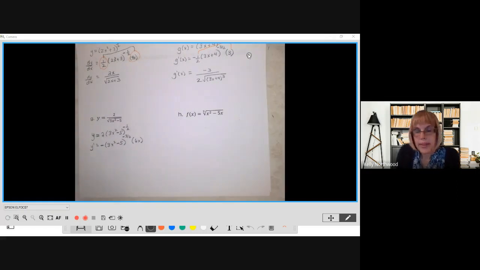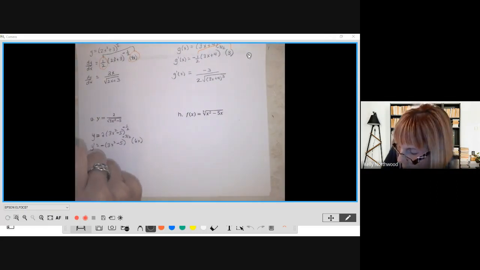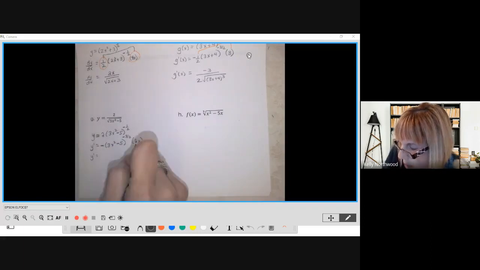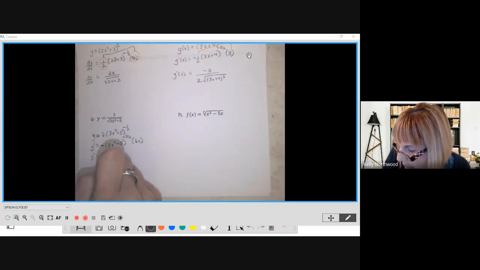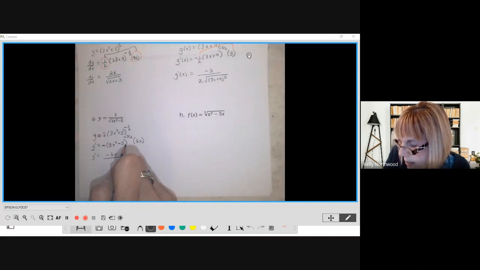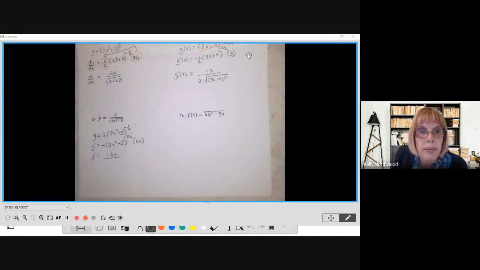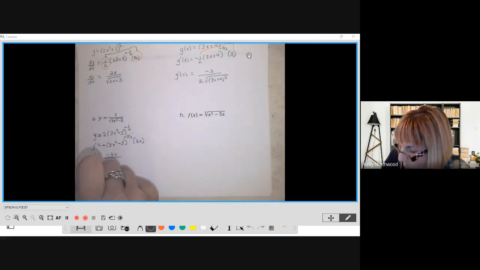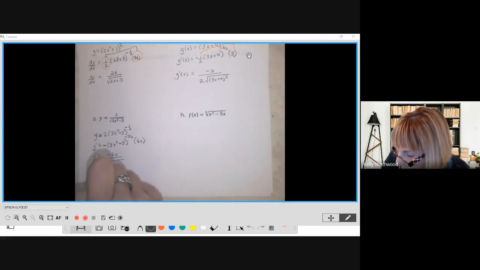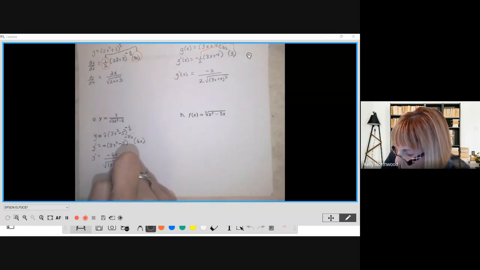And then if you want to write that in simplified form, negative 1 times 6x is negative 6x. This is going to move to the denominator, so we can have a positive exponent and write it in radical form. So it's going to be the square root of, in brackets, 3x squared minus 5 cubed.